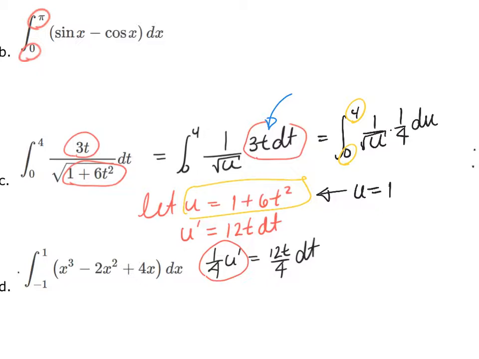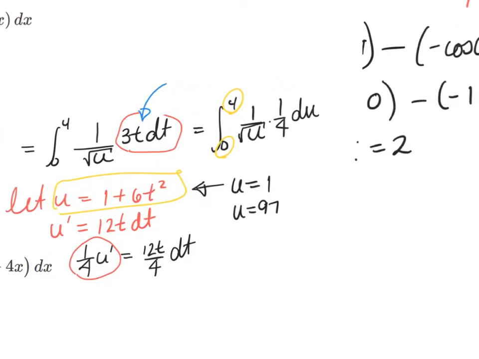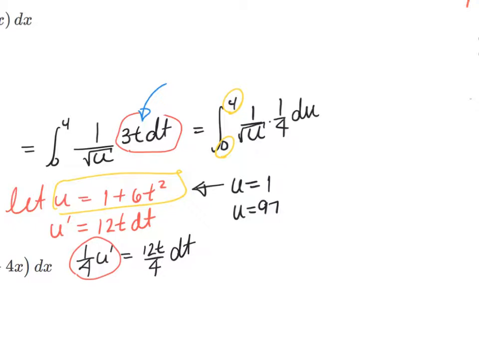And if I plug in 4, what is u going to be? What is it? 97? Okay, so my next step is to change my limits. So this is going to be equal to 1 to 97.